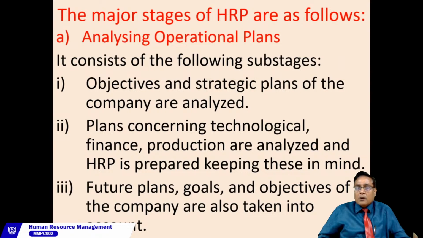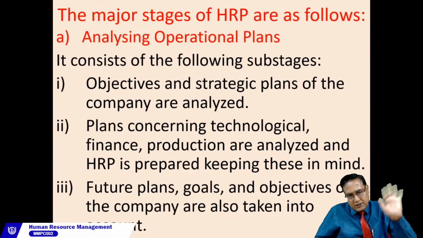Objectives are always important when we make plans for the organization. What the objectives of the organization are is the first part to start the planning. You always keep in mind what the objectives are, and then you can prepare the human resource plan accordingly in any organization.